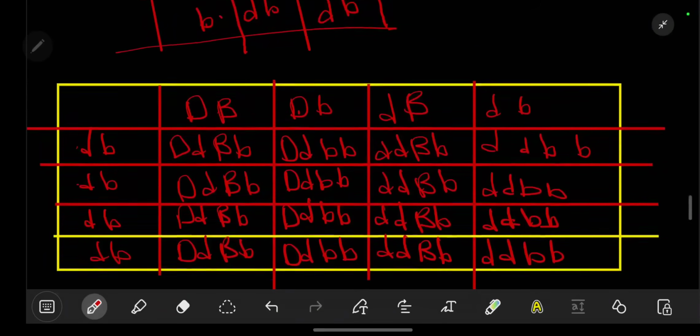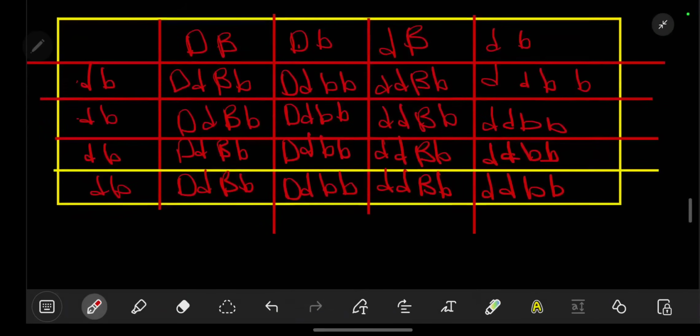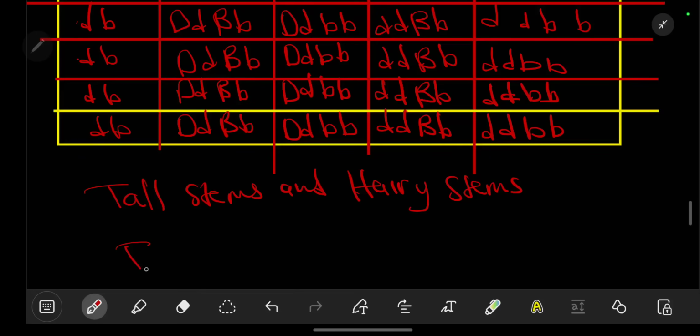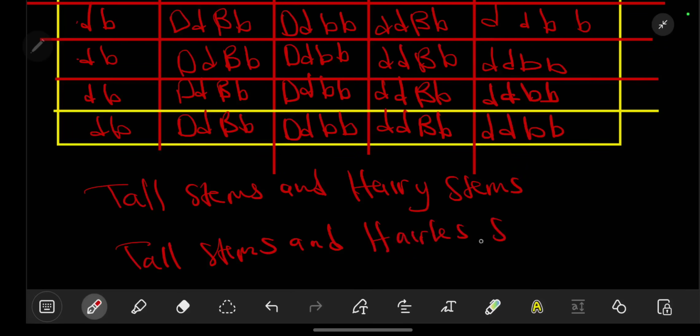Now after doing this, we can come up with the ratios. So we can say big letter D is to tall stems and hairy stems. We are going to have tall stems and hairless stems.